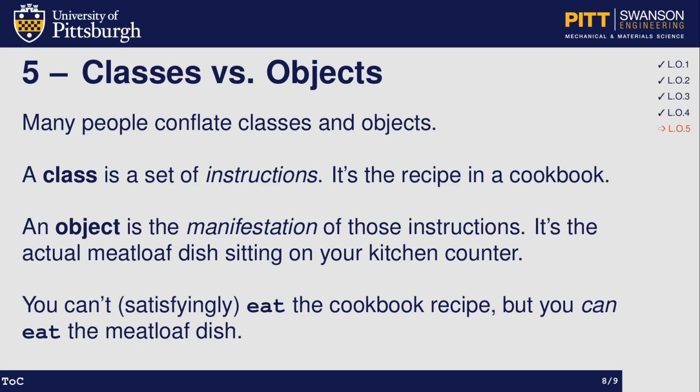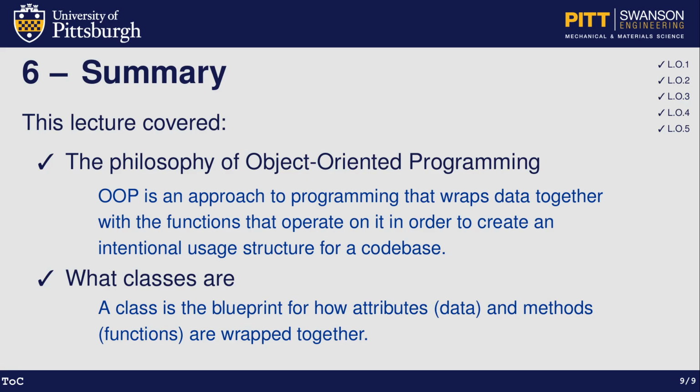In summary, this lecture covered the philosophy of object-oriented programming, which is that it is an approach to programming that wraps up data and the functions that operate on that data in one big unit in order to create a very intentional usage structure for a code base.